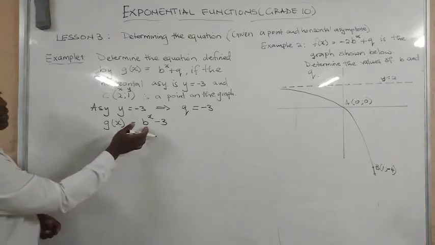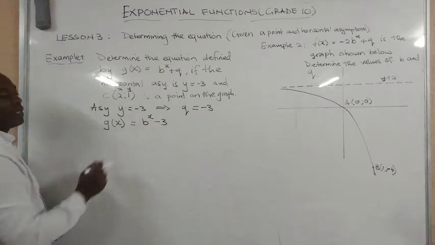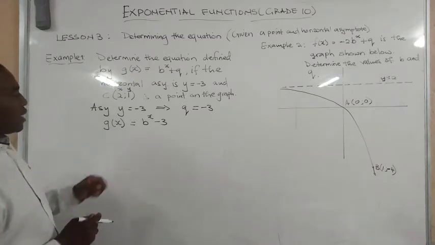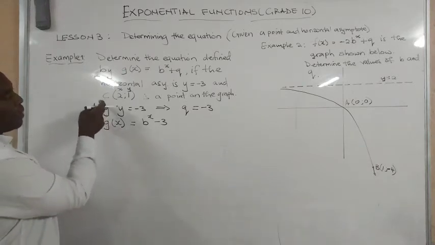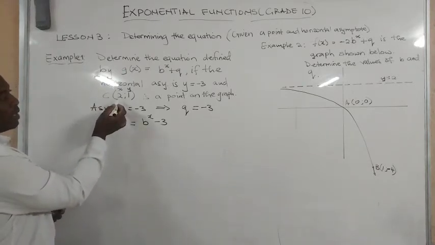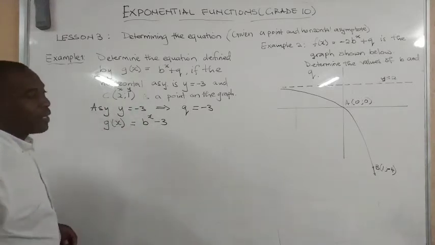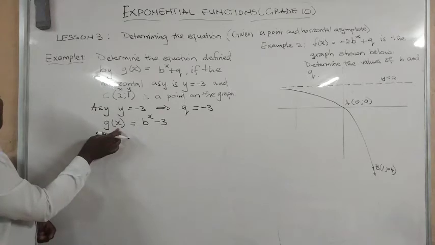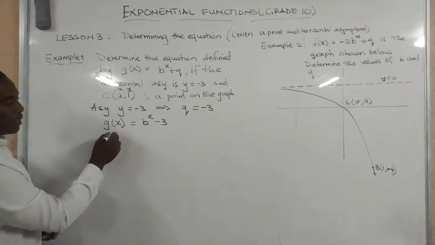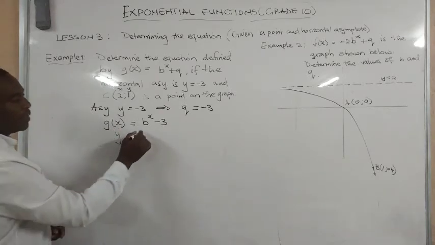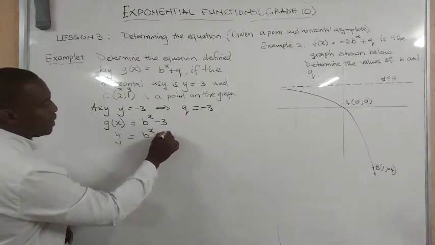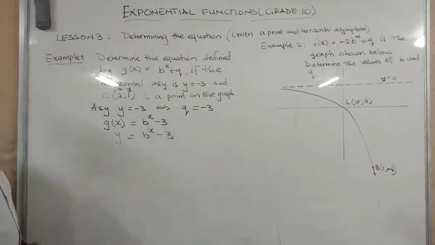So now it is only the b that we remain to find, because now we are going to use point C, and point C is (2,1), that means x is 2 and then y is 1. And let's also not forget that g of x is synonymous to y. This can be written as y is equal to b to the power x minus 3.